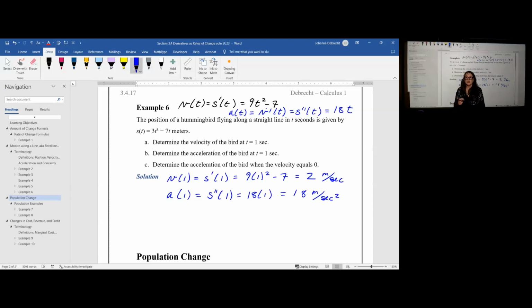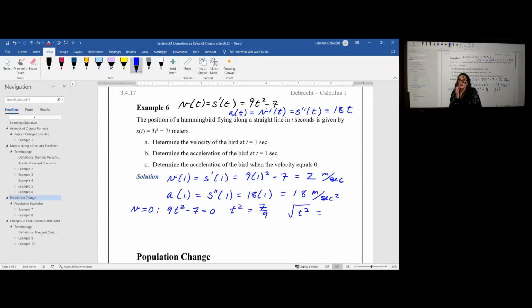Finally, we want the acceleration of the bird when the velocity is 0. So we take the velocity function, 9t squared minus 7, and we set it equal to 0. When we solve for t, we end up with t squared equal to 7/9, and we take the square root of both sides.